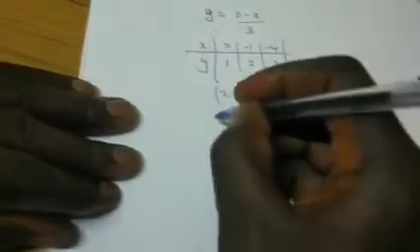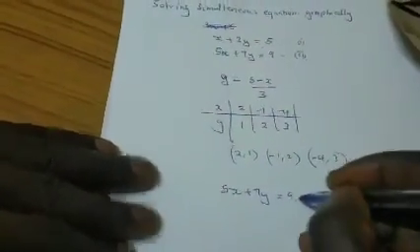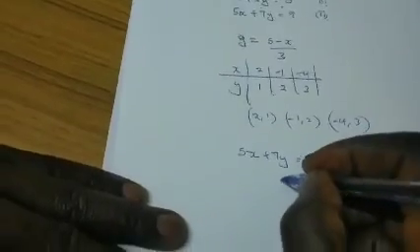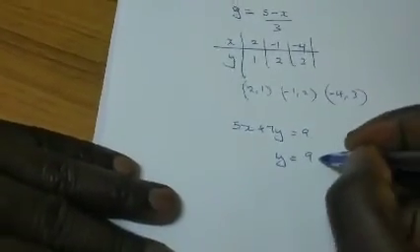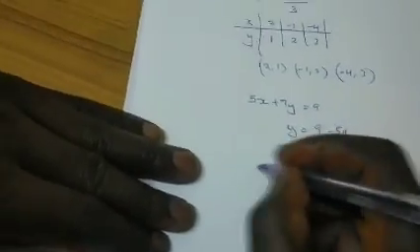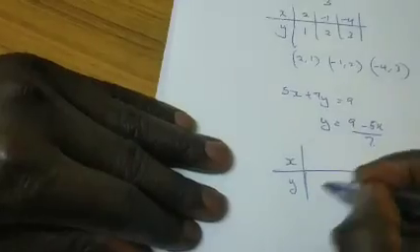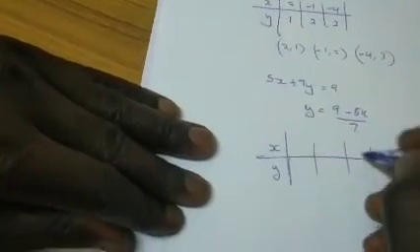Then you come to the next equation, which is 5x plus 7y is equal to 9, and therefore y is equal to (9 minus 5x) over 7. So we choose arbitrary values for x and get the corresponding values for y.